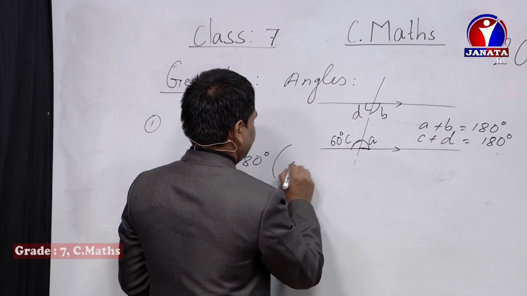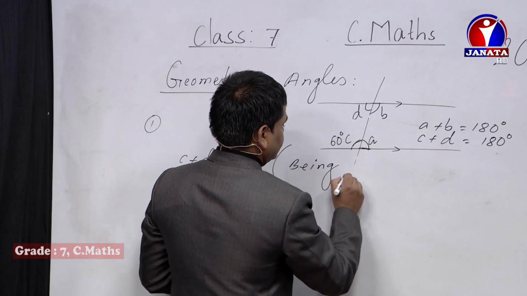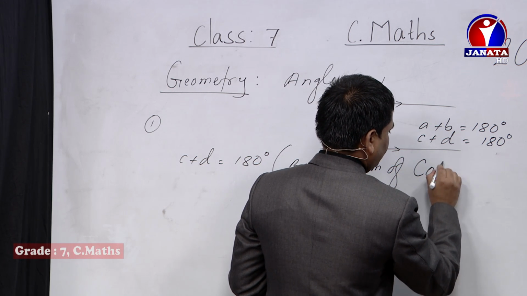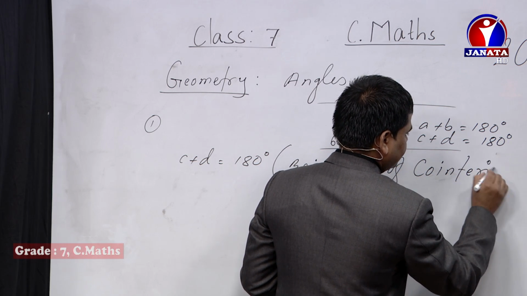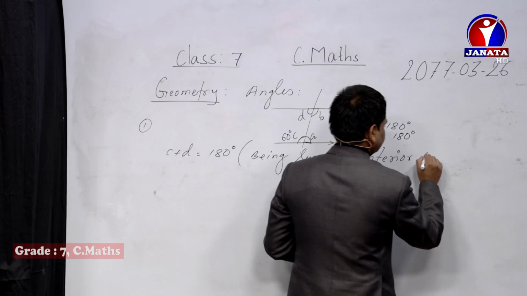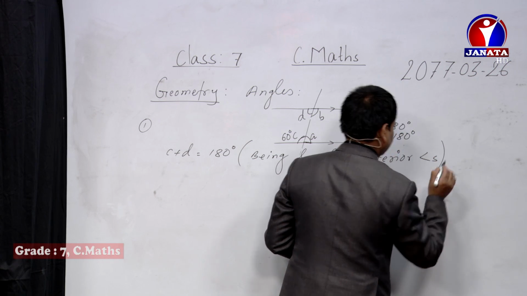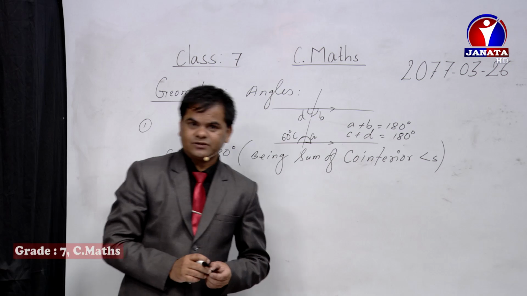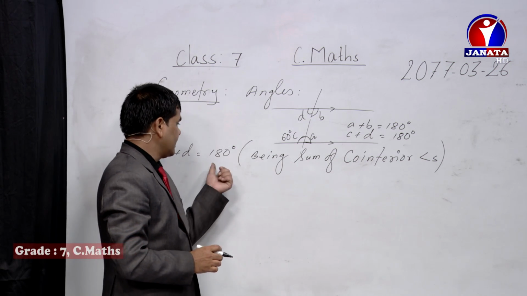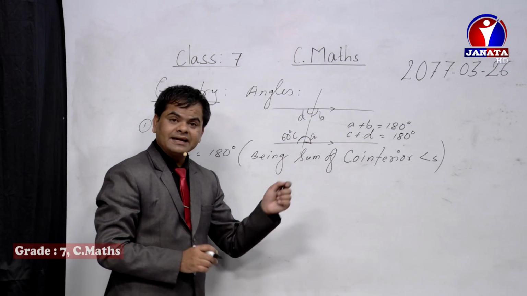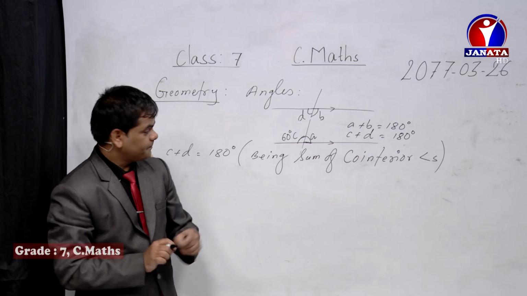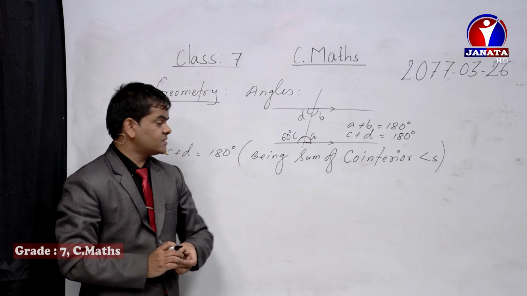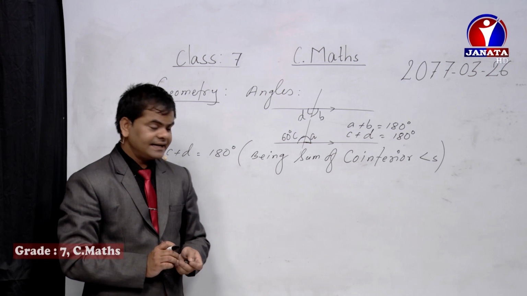So what do we write? Being sum of co-interior angles. Angles we can write in short form as angle, and if you add s there, it will be in the plural form. So, being sum of co-interior angles, and I have assumed, dear students, the measurement of angle C as 60 degrees.